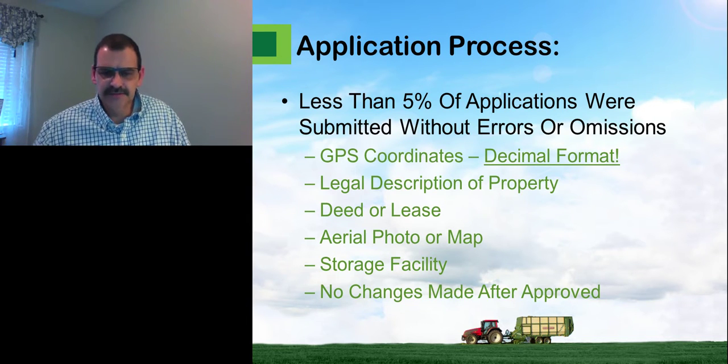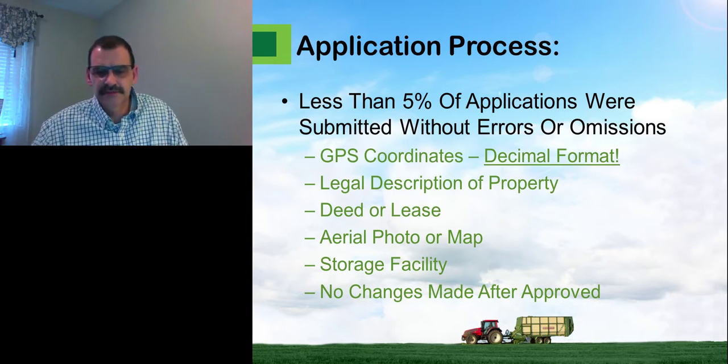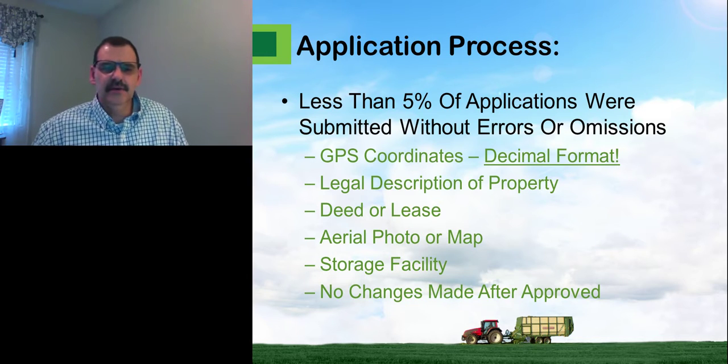Now, there were several items that caused applicants problems last year, and I have listed most of them on this slide. The GPS coordinates were a problem for a significant number of applicants, and we only accept GPS coordinates in decimal format. If you are taking GPS coordinates in degree, minute, second format, that needs to be converted, and just putting a decimal into that coordinate is not correct conversion.